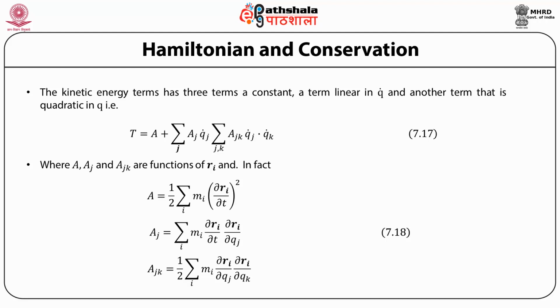And therefore, the partial derivatives satisfy that the sum over i of the partial derivative of the kinetic energy with respect to the ith generalized velocity multiplied by qi dot is equal to 2 times the kinetic energy.